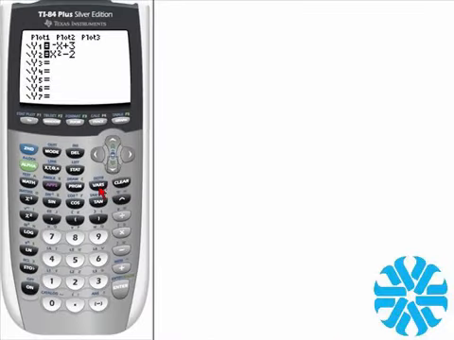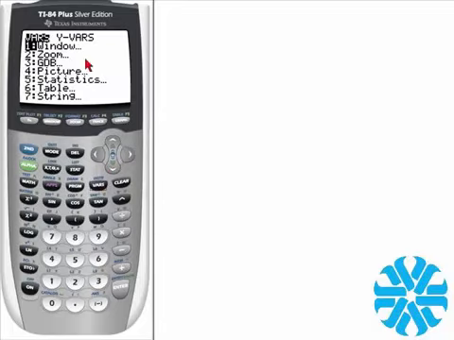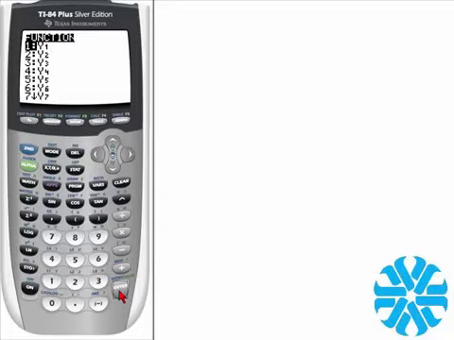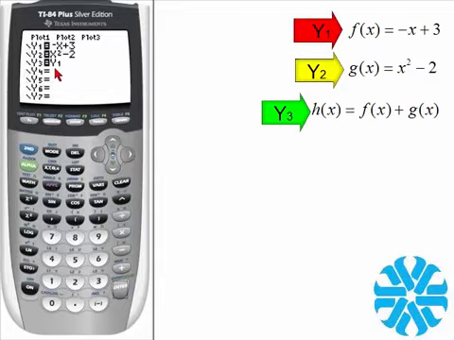Okay, so we're going to go ahead and hit vars, and then we move over to y vars. Okay, and then we want the function. So we hit enter, and then we want y1. That's the first function we're using. So we hit enter. Okay, then you can see it puts in y1 here. Well, we want the sum of y1 plus y2.